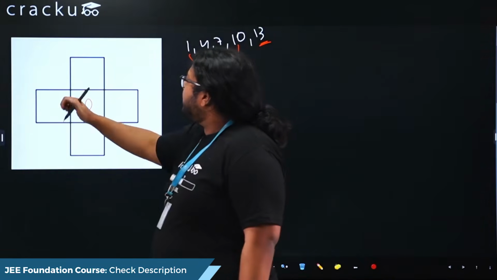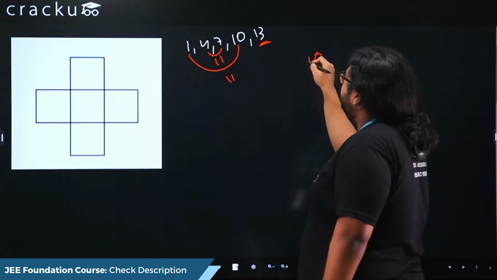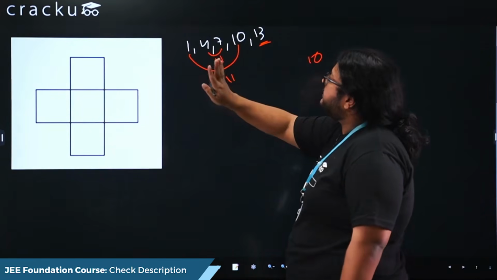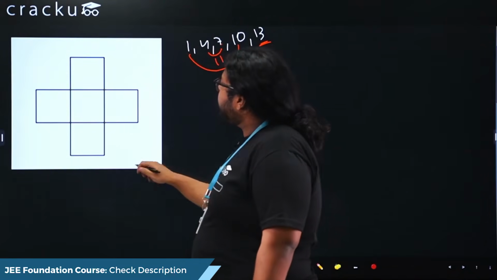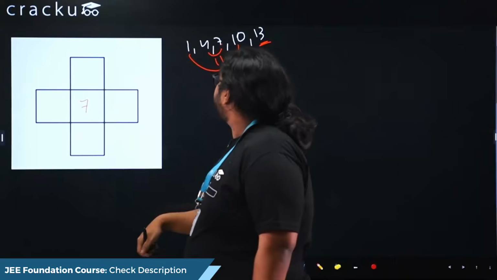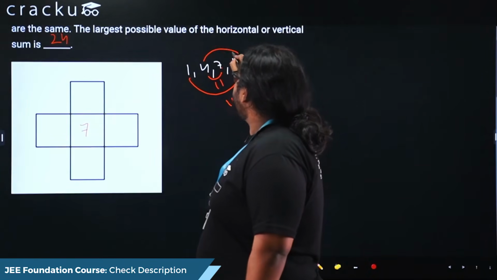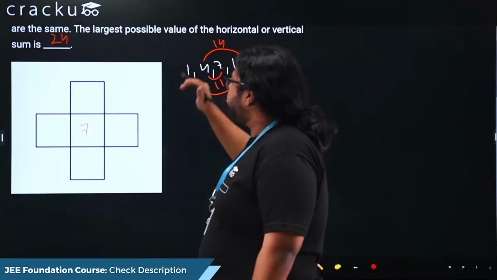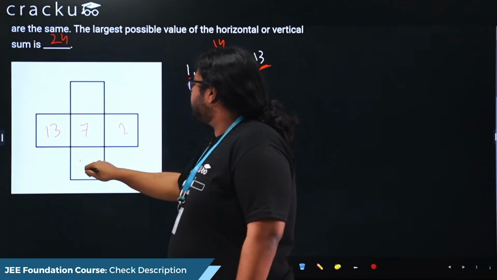I can't. If I had placed 10 here, I would not have found arrangements, because 13 plus 1 is 14 and 7 plus 4 is 11. So that would not have worked. But if I had 7 in the center, then I can get something, because 10 plus 4 is 14 and 13 plus 1 is also 14. In that case, I would have had something like this.